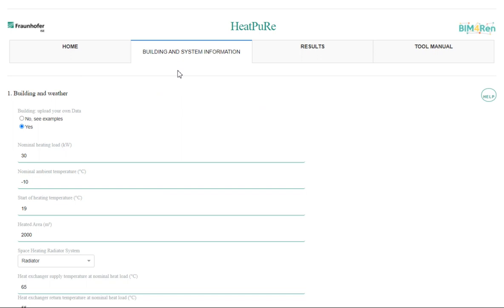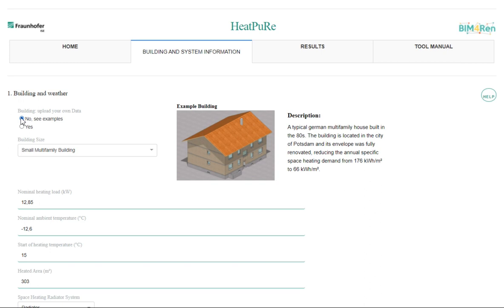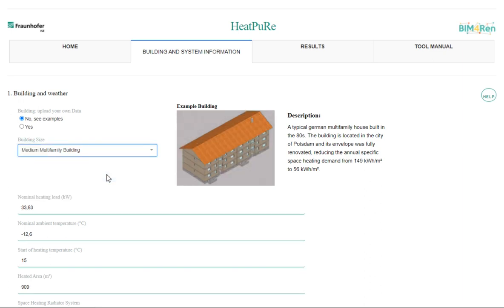To simulate, the user must input data about the heat load and heat demand of this house. In this case, we're going to use a building example. We're going to use a medium multifamily building located in Potsdam, Germany.